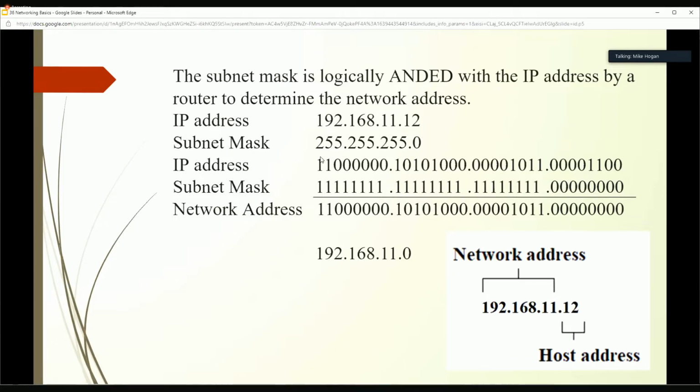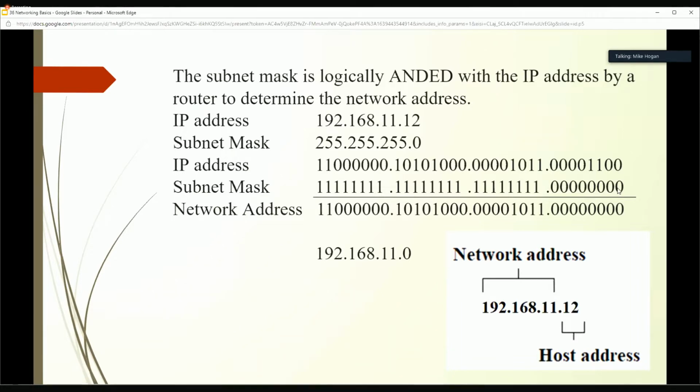And then we have our subnet mask. We said that our subnet mask was 255.255.255.0. That's the standard subnet mask for a Class C address. I'm going to do the conversion to binary. 255 is all ones. So I have all ones, all ones, all ones, and then the last octet is 0, so I've got all zeros.